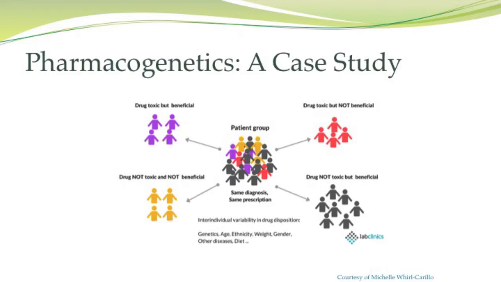If we treated everyone here with the exact same drug, obviously there's going to be some people where the drug is toxic and not beneficial, others where the drug isn't toxic but still didn't respond to it, then where the drug is toxic and not beneficial at all, and then here's the group where the drug isn't toxic and actually beneficial. So we hope everyone's here, but the reality is there's a lot of people over here.